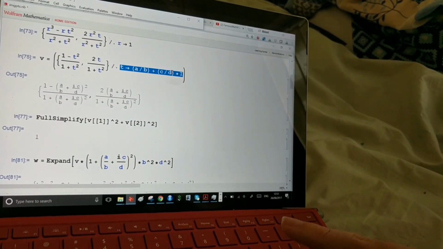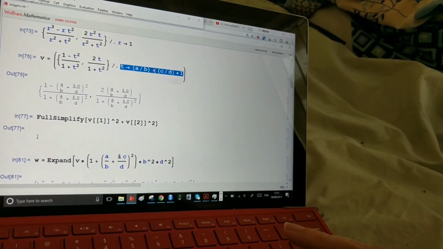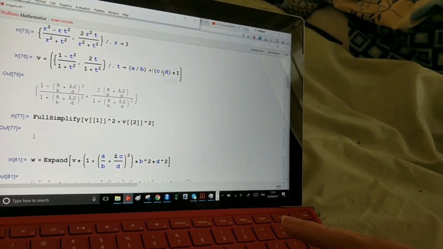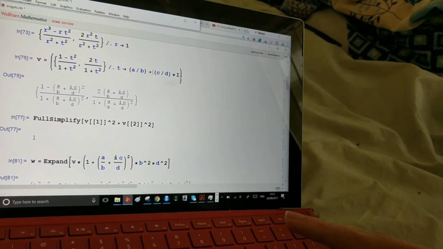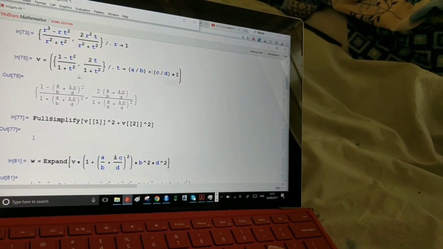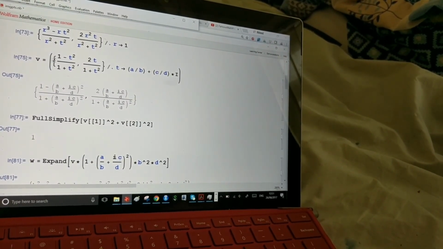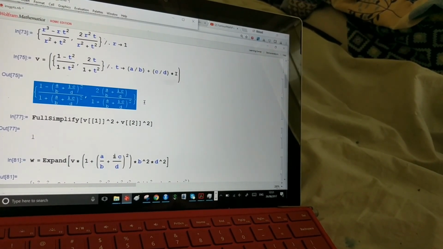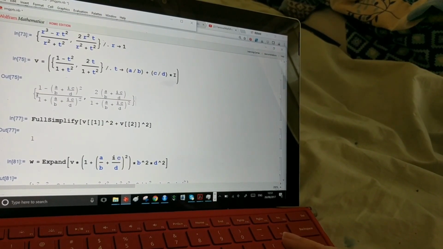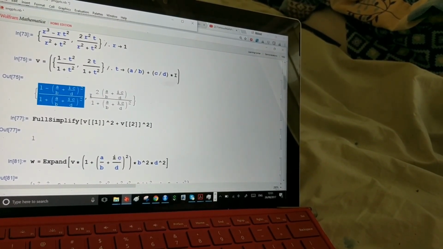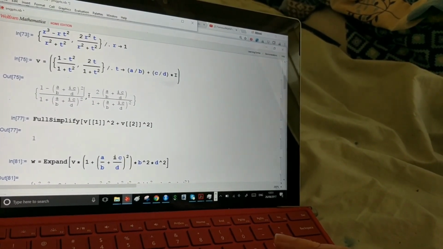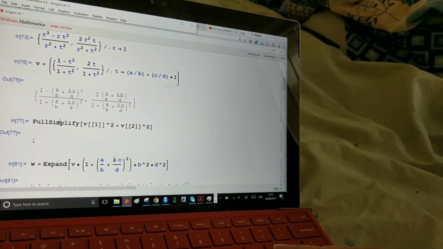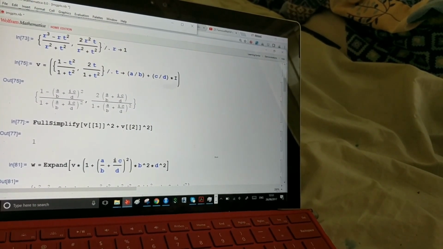So a, b, c and d are integers, and t is equal to the rational number a divided by b plus square root of minus 1 times c divided by d. So if we substitute that value in of t in here, we get this thing here that we call v. So v has two components, v1 and v2. And these are basically points on the rational complex circle.